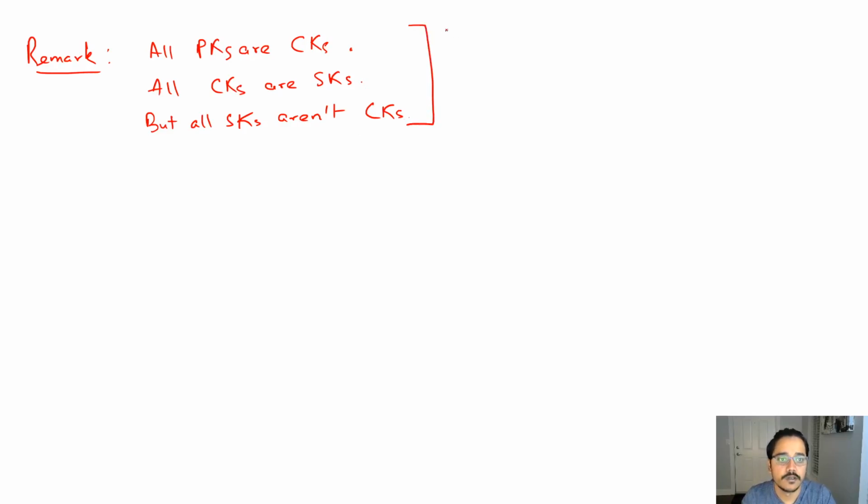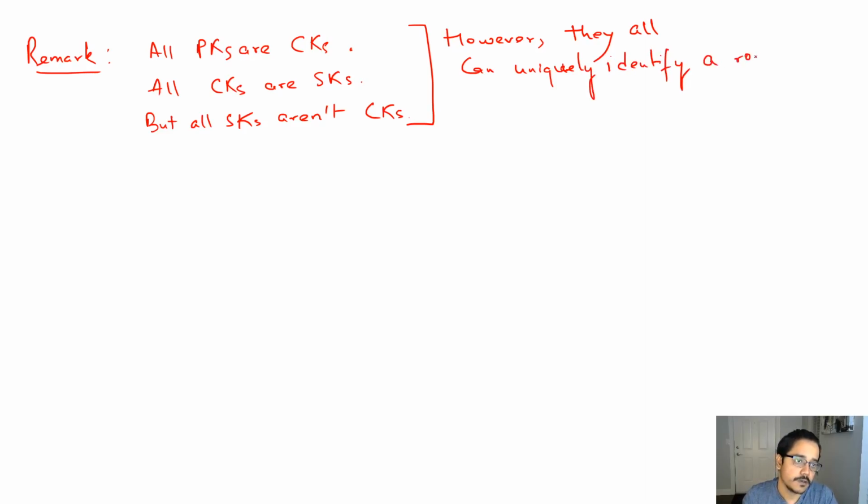However, they all can uniquely identify rows of a table, let's say a relational table, from each other.